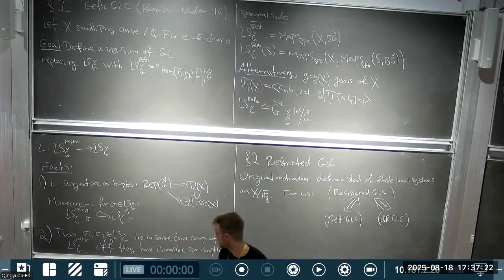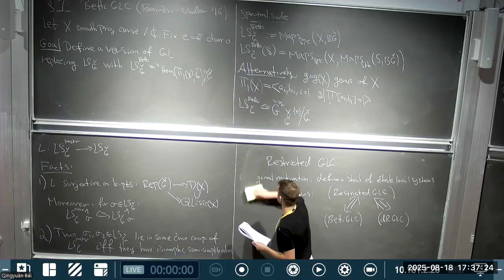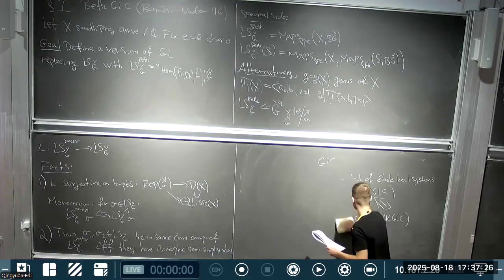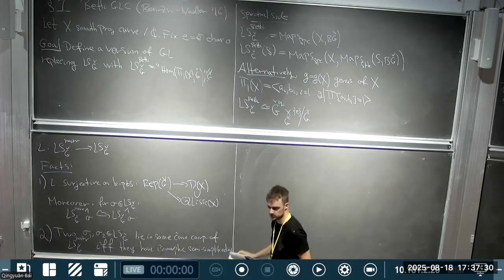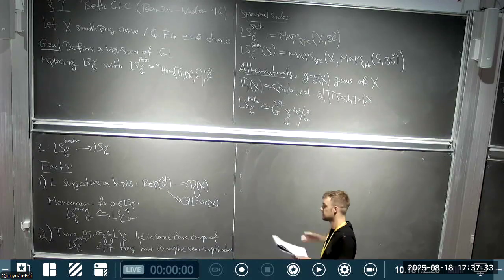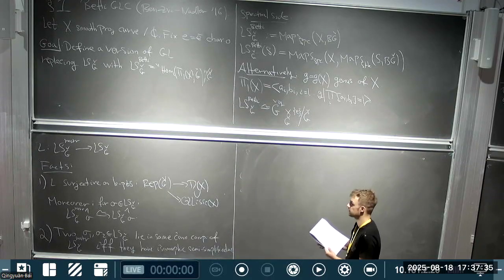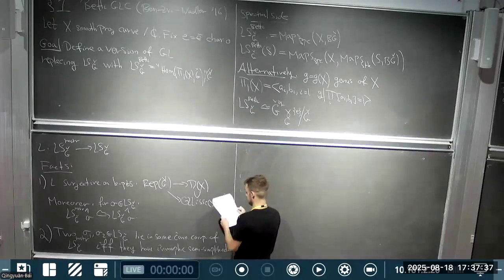The interesting consequence of fact 2 is that when you consider the substack of irreducible local systems, it splits up as a disjoint union for each local system.